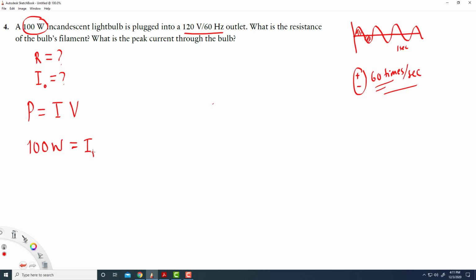So this current is RMS current. Like in the previous lecture we talked about this root mean square. It's kind of an average current. And root mean square current IRMS is related to this peak current, this maximum current, by this relationship: IRMS is I peak over square root of 2.